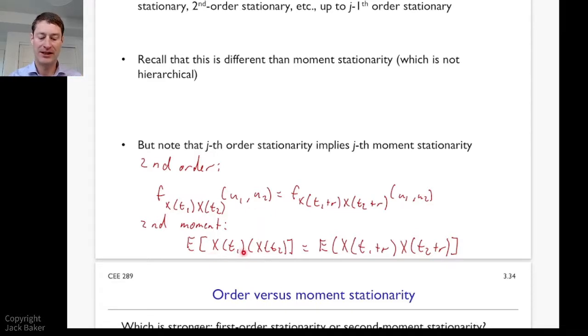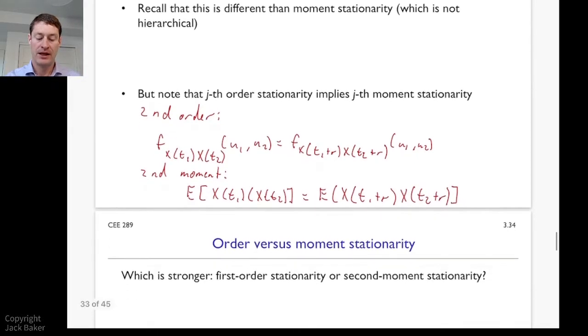So this expectation depends only on this integral, and the expectation on the right-hand side depends only on the integral of the PDF on the right-hand side. So if these two PDFs are equal to each other, these expectations are going to have to be equal to each other as well. Right? And so that's why we can guarantee jth moment stationarity if we have jth order stationarity.